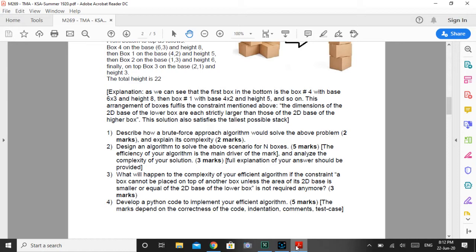Third, what will happen to the complexity? When you design a solution for this problem, there is one constraint in the problem, which is the base, right? We cannot place a box on top of another box unless the area of its 2D base is smaller than or equal to the 2D base of the lower box.